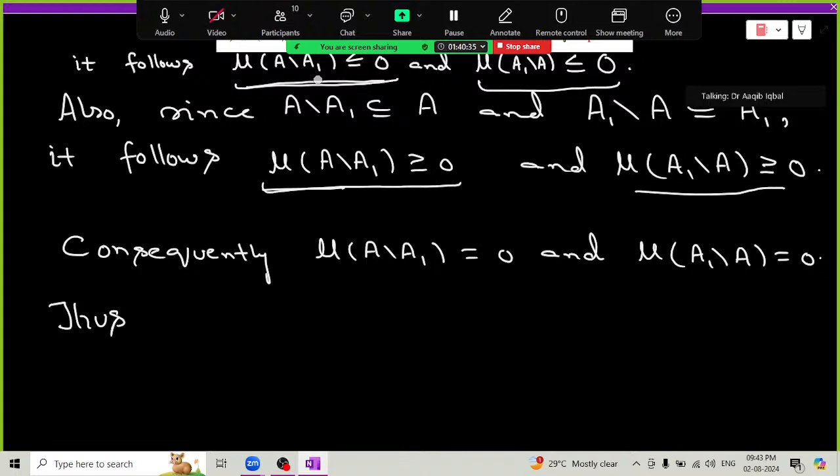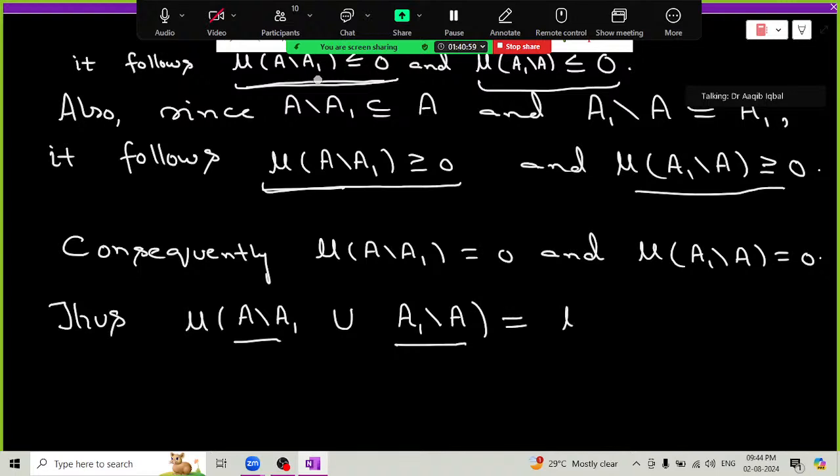Thus, mu of A minus A1 union A1 minus A, which is actually the symmetric difference of A and A1, by using the additivity of mu, because these two sets are sigma algebra members and they are disjoint, so I can use additivity.